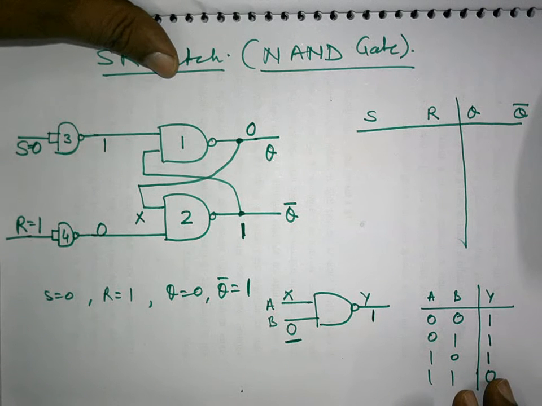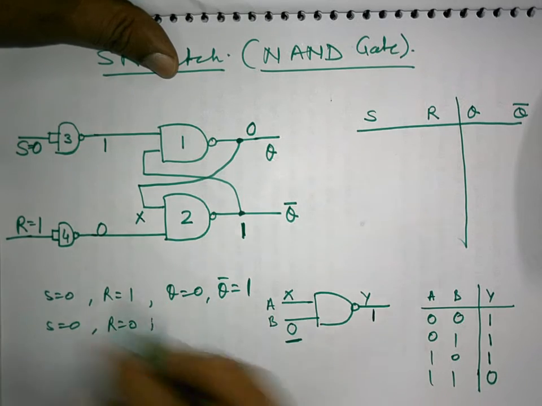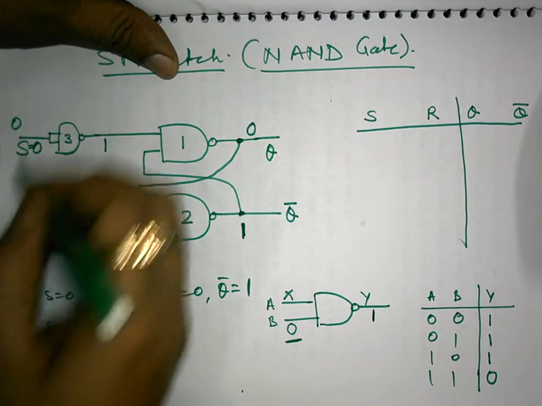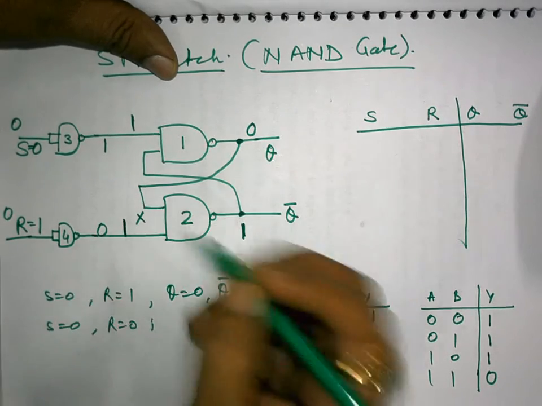Now after this, suppose we withdraw the input, and withdrawing the input is equivalent to making it 0, 0. So if we make S equal to 0 and R equal to 0, you see what will happen. S is 0 and R is 0 means 1 is here and 1 is here.